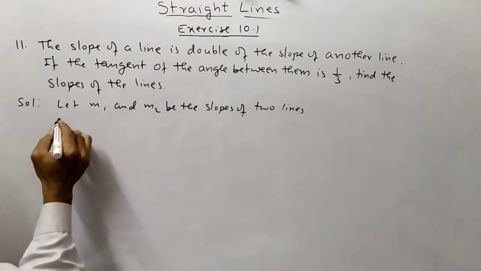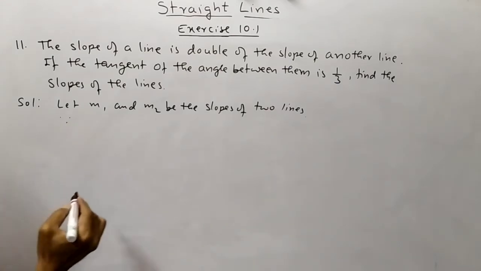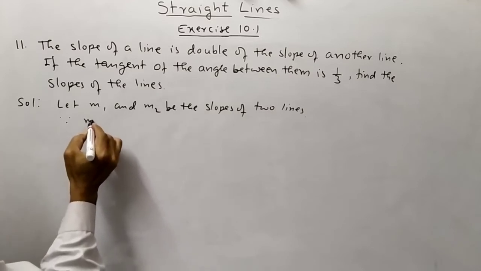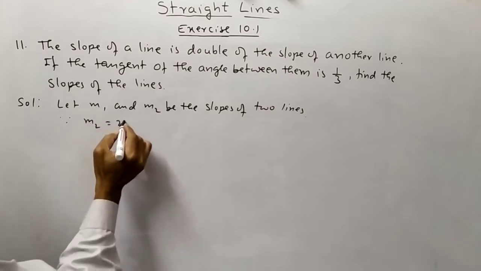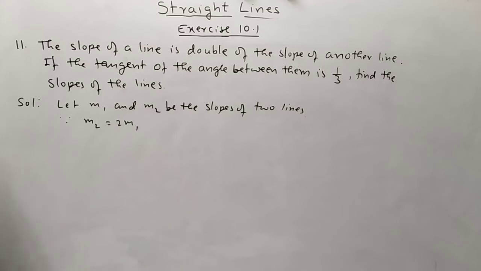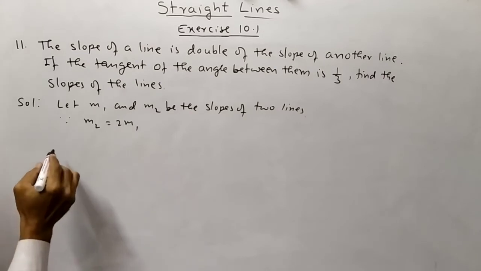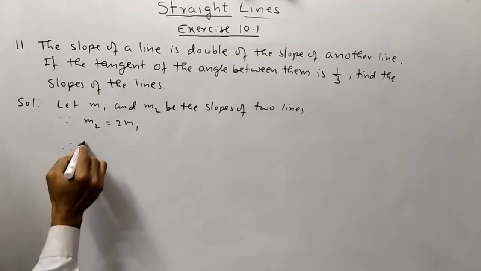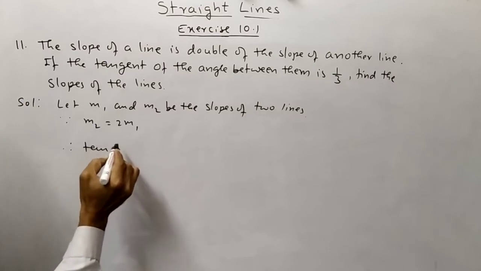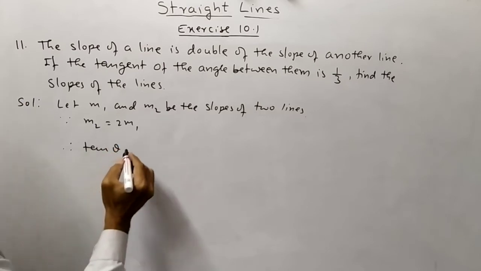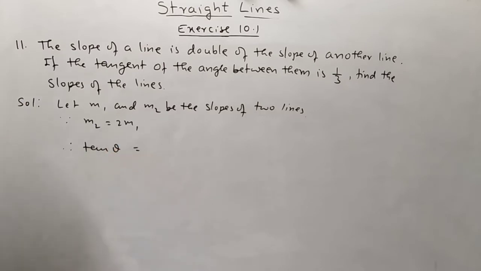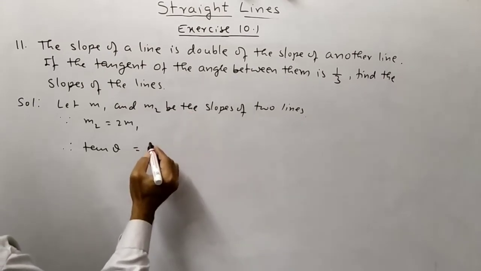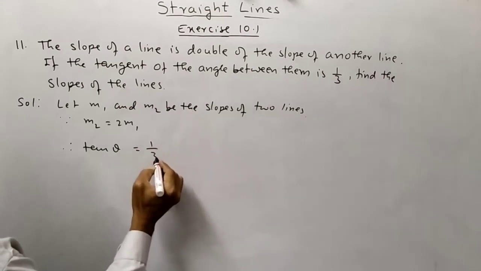According to the question, m2 is equal to 2m1. Therefore, tan theta is equal to tan theta they have given, that is 1 by 3.